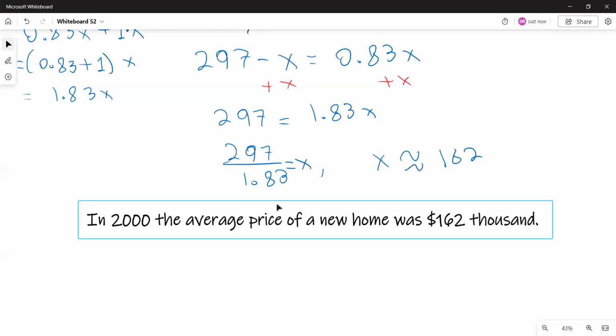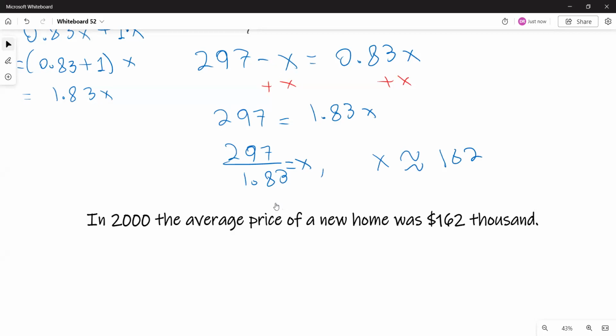And the markup is still the percent of change formula. A markup is a percent increase.